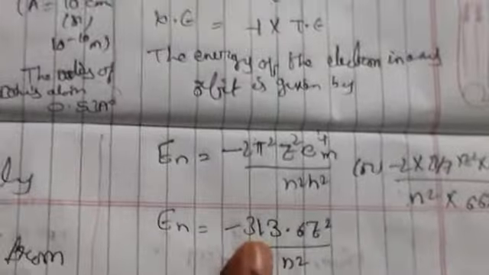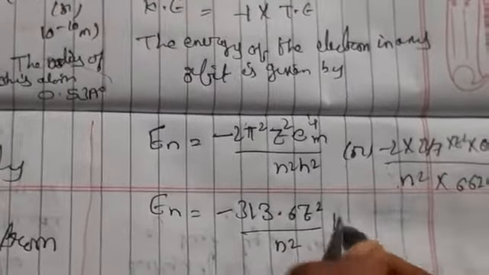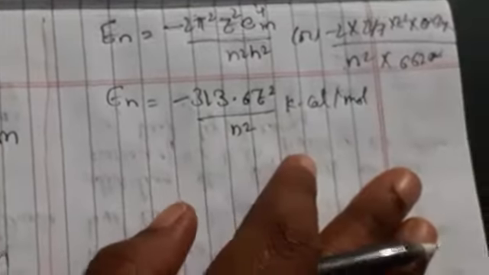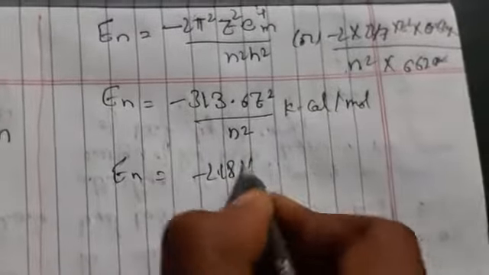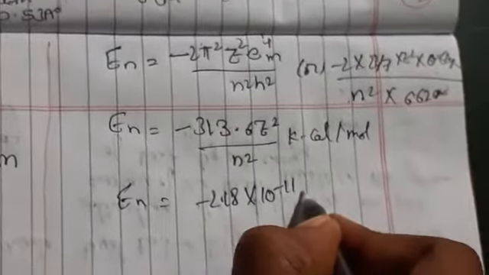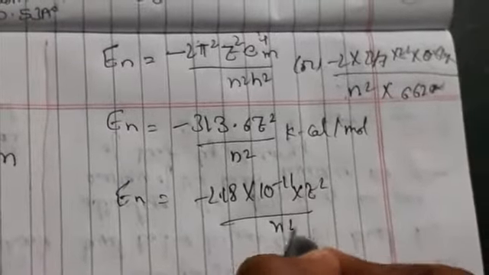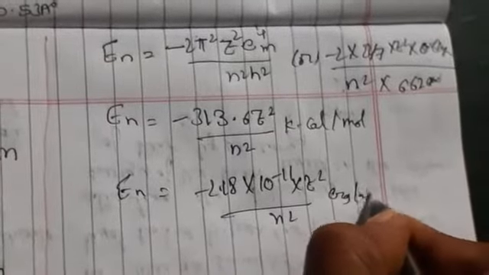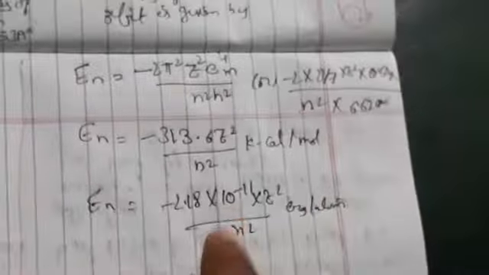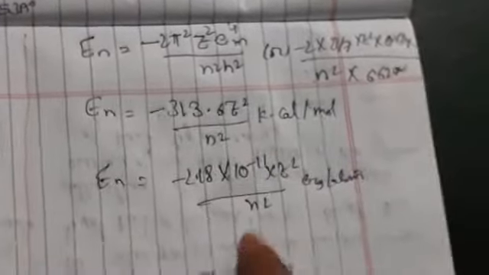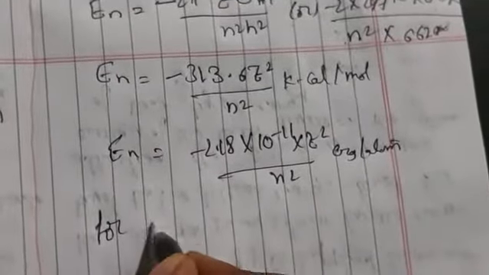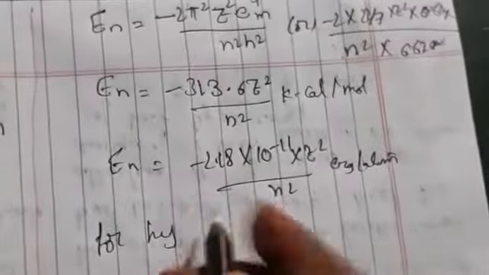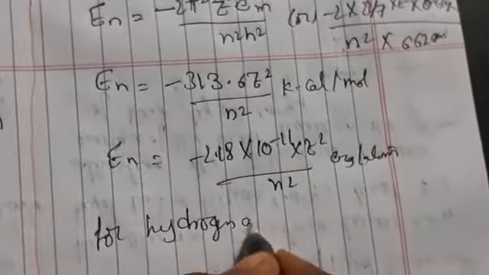In ergs, the expression will be minus 2.18 into 10 to the power minus 11 into z square by n square erg per atom. If you take the hydrogen atom, the atomic number is 1, so Z is equal to 1.